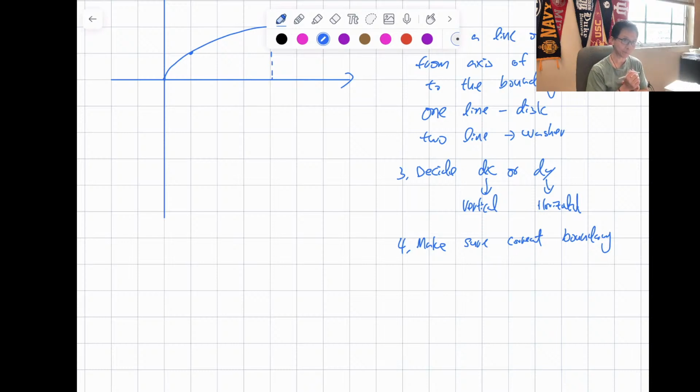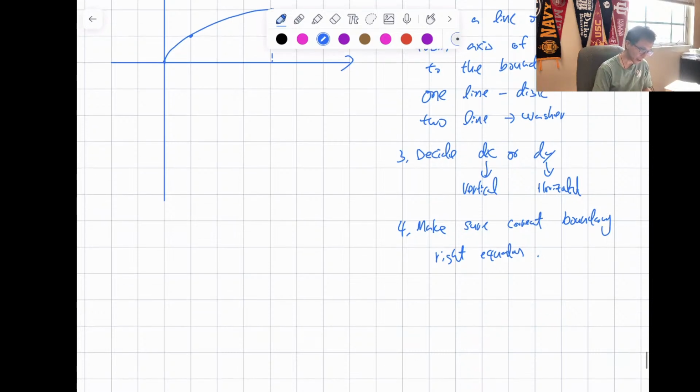And the right equation, of course, the correct equation. And dx and dy. So correct boundaries.